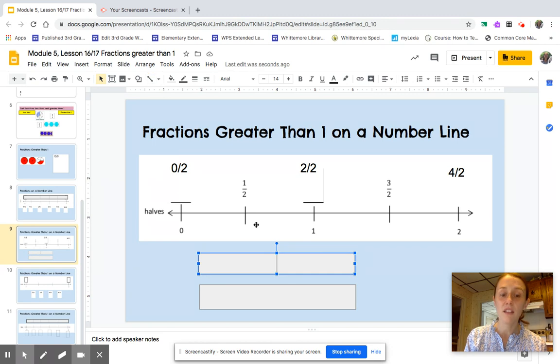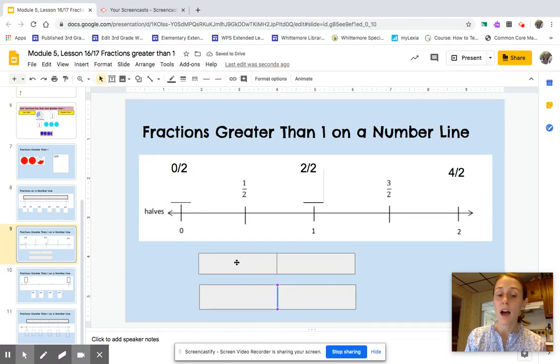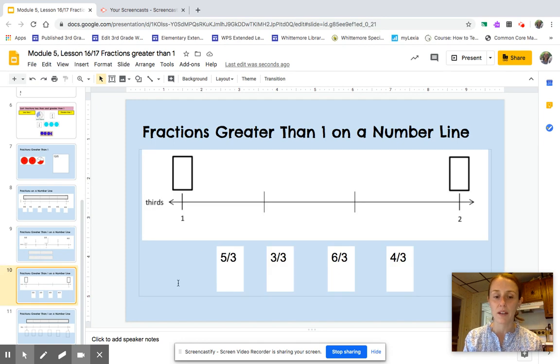Then, if I wanted to add another whole, here's my second whole. I have 1/2, 2 halves, 3 halves, 4 halves. So all I did was add an additional shape that was also split into 2 pieces to go from 0 halves to 4 halves.